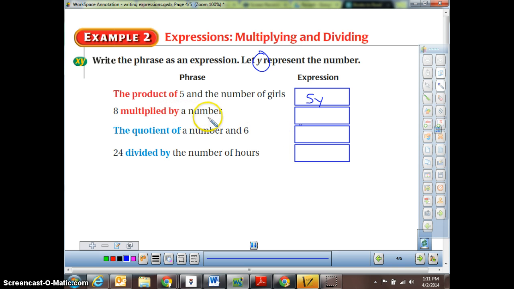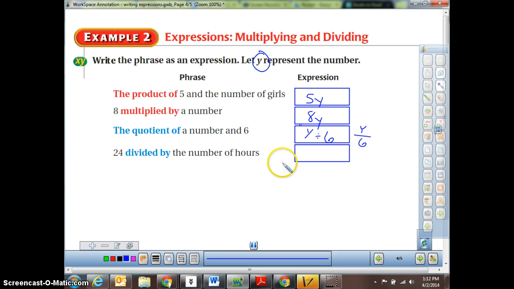8 multiplied by a number. So again, 8y. 8 multiplied by y. So then we have a quotient of a number and 6. So that means we're going to have y divided by 6, or you could have written that as y over 6.